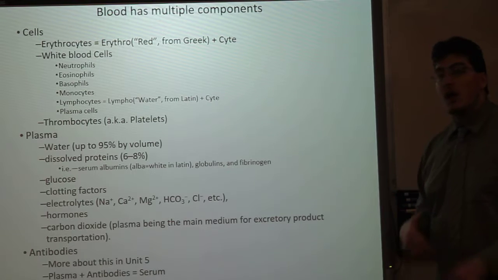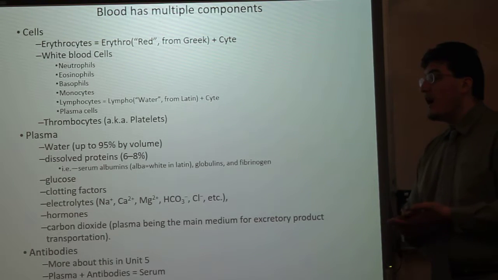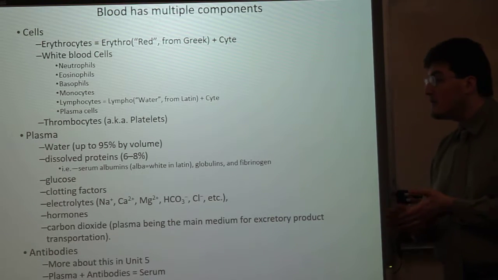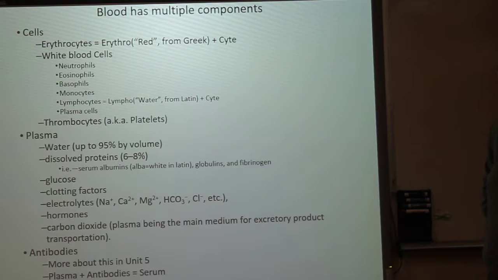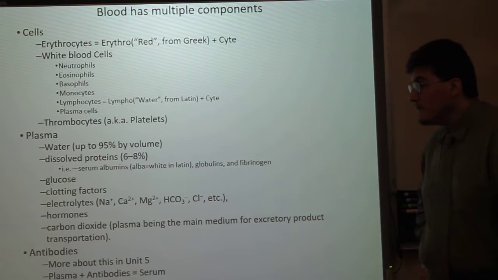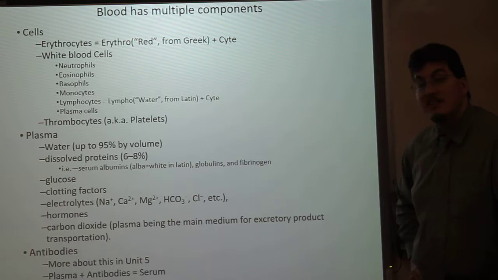Some glucose, a bunch of clotting factors, quite a few electrolytes, including sodium, calcium, magnesium, bicarbonate, chloride, etc. Several hormones, quite a bit of carbon dioxide. And then the third component is antibodies.